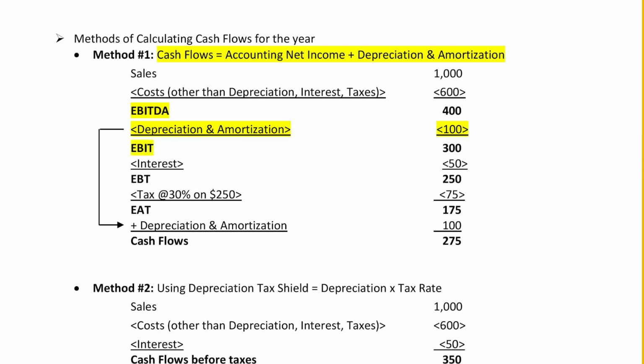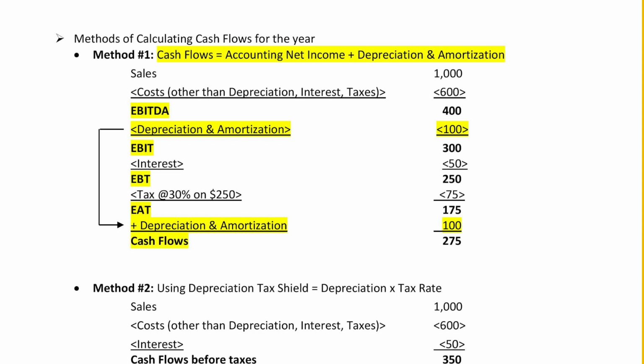Less interest gives us EBT, which is earnings before taxes. Then less taxes gives us EAT, earnings after tax. So that's your accounting income. Now to that we would add depreciation and amortization $100, which gives us cash flows.